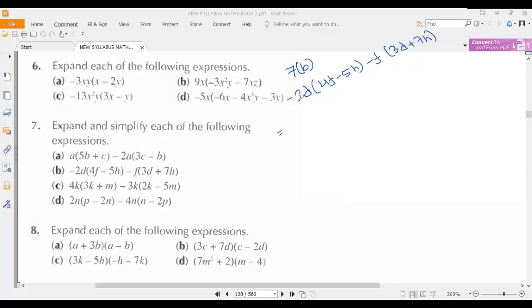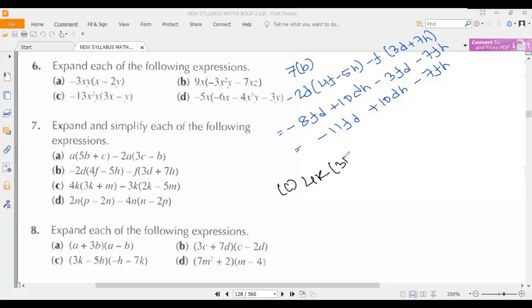So minus 2 fours are 8fd, minus a plus 2 fives are 10dh, minus 3fd, minus a plus a, minus 7fh. So minus 8 minus 3, minus 11fd plus 10dh minus 7fh. Done.